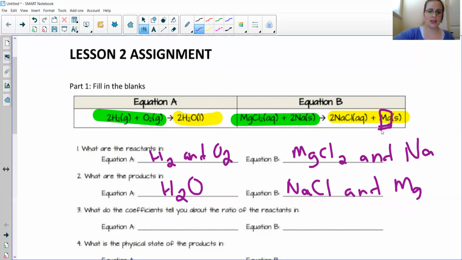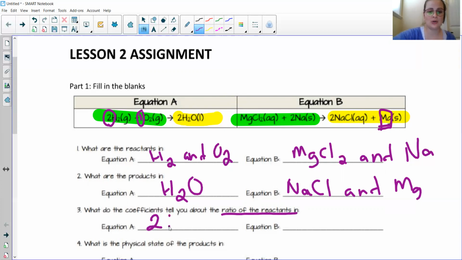All right. What do the coefficients tell you about the ratio of reactants? Looking at the green highlighted reactants in equation A, there are 2 hydrogens for every something oxygen. Now, if there's not a number there, the invisible number is a 1.